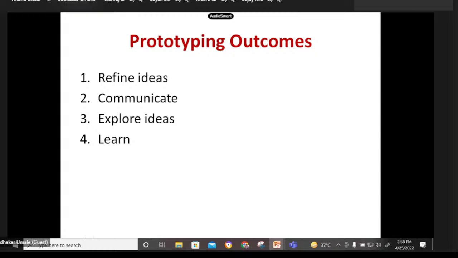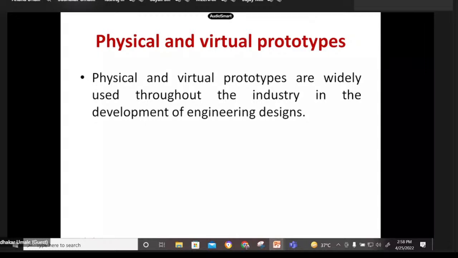When I get a good idea, I explore that idea to get the correct prototype. If there are so many mistakes, we learn from the mistakes. Again, there is iteration of the project, and next time those mistakes cannot be repeated. And hence, these are very important, physical and virtual prototypes. Already we are developing in all industries such physical and virtual prototypes for the development of engineering designs.